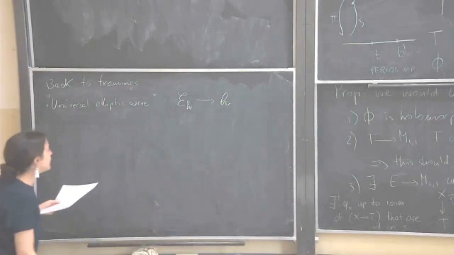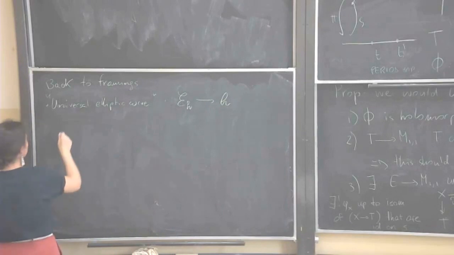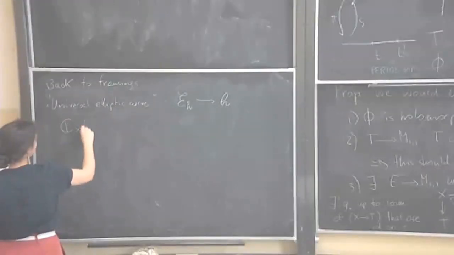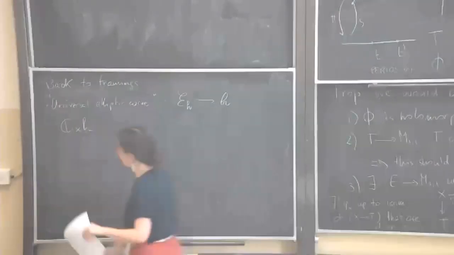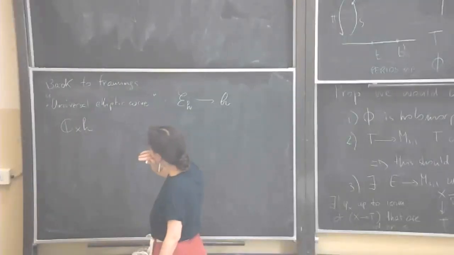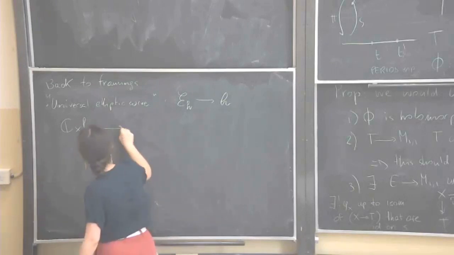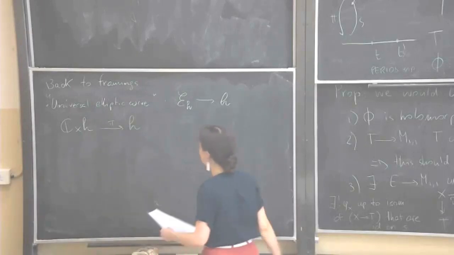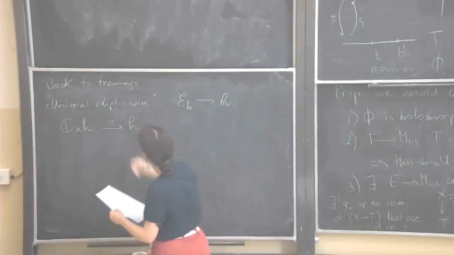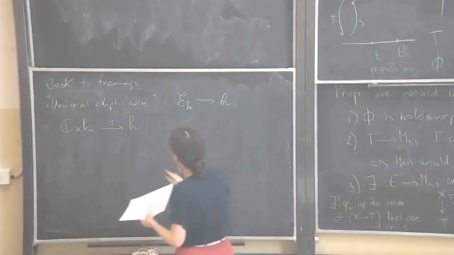And how do we do that? Well, let's take to start C times H, and we take as projection the projection over the second vector, basically.